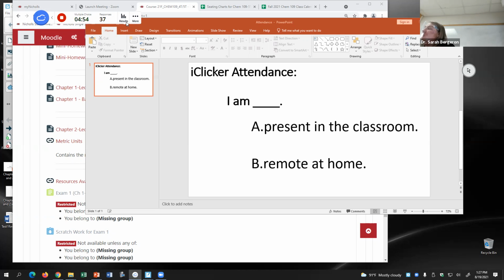I had a few people who joined 4T, and I had a few people who joined my 400 level biochemistry. I don't think you really want to be in that class. So make sure on your iClicker it says Chem 109 5T because you are in 5T. And it should be AA if you have a handheld. It should be AA or A.